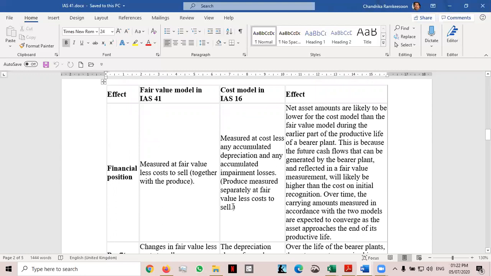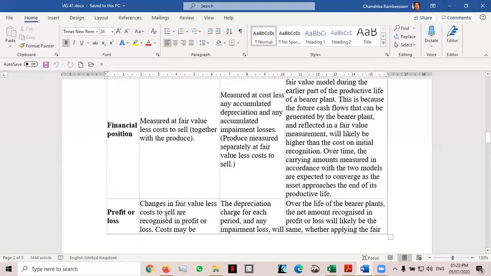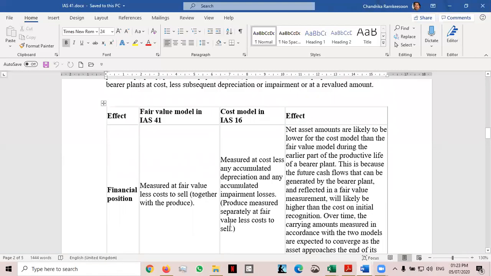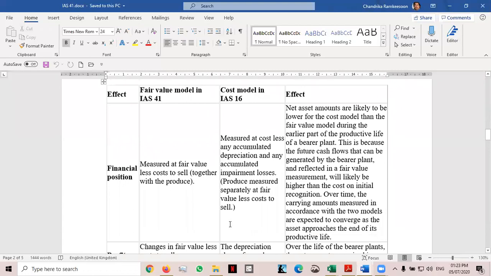Effect on financial position and profit and loss. Let's take a look at it. This is very useful. The financial position, meaning the statement of financial position, is measured at fair value less cost to sell together with the produce. Now, this is under IAS 41.